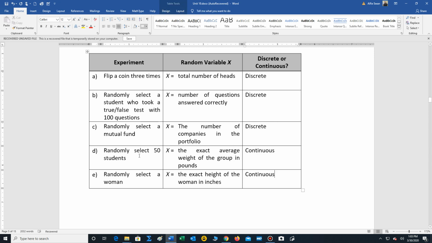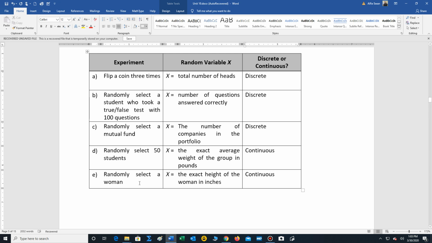So if we select 50 students and X represents the average weight, well, weight is continuous because if someone gains, let's say 5 pounds, it doesn't just automatically jump from 150 to 155. It has to flow through all the fractional parts to get there.